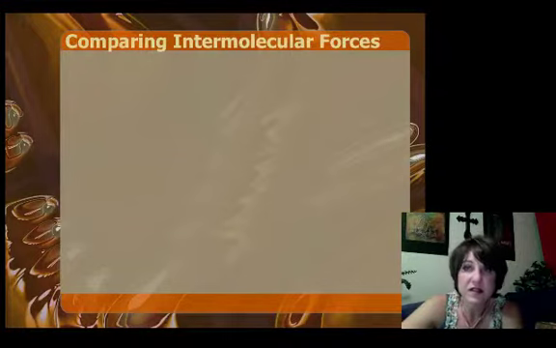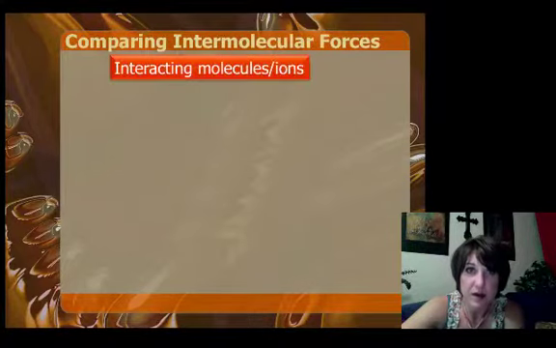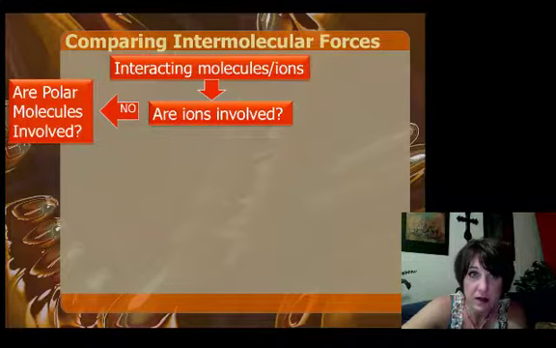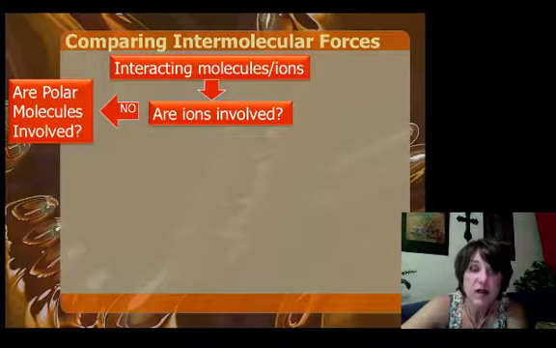So let's look at a chart to help us decide which intermolecular force is the most important one influencing a particle. The first question you'll ask is, are the interacting particles molecules or ions? So, are ions involved? If the answer to that is no, then the next question is, are polar molecules involved?